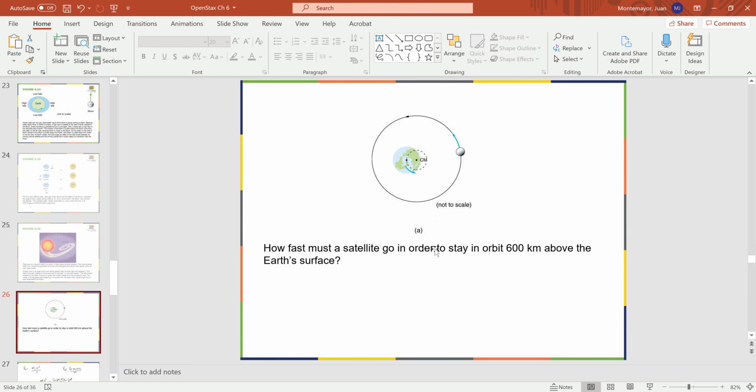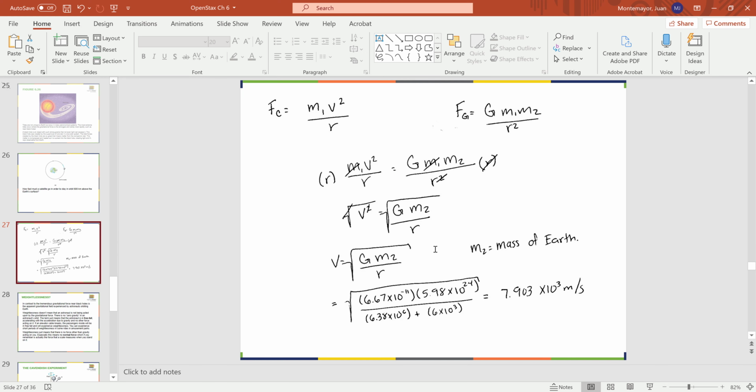So, how fast must a satellite go in order to stay in orbit at 600 kilometers above the Earth's surface? I went ahead and wrote this one down here. If we're talking about an object on Earth, we are on a sphere, on a circular path.